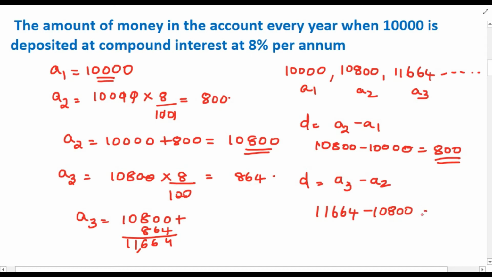When you subtract, we are getting 864. We can see that the common difference is not constant. In the first case it is 800 and in the second case it is 864. So this is also not an example for AP, or the numbers involved will not form an arithmetic progression.